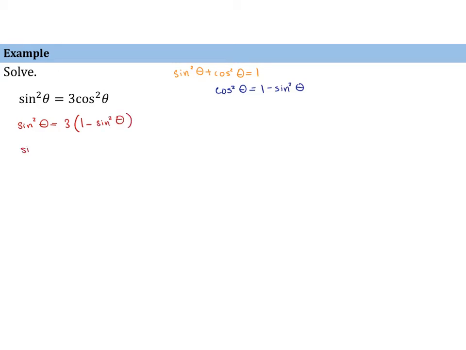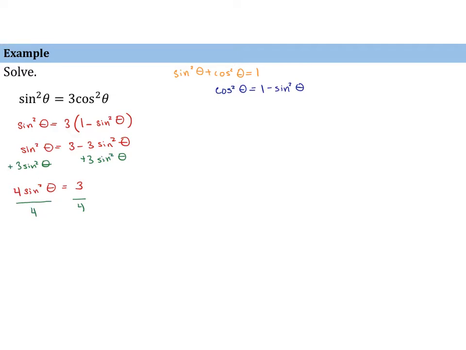So now we have sine squared of theta equals 3 minus 3 sine squared of theta. And we can add 3 sine squared of theta to both sides. And so we have 4 sine squared of theta equals 3. Now we can divide both sides by 4.